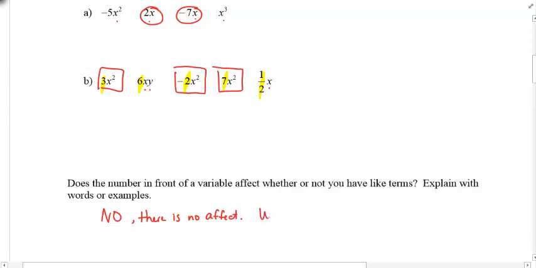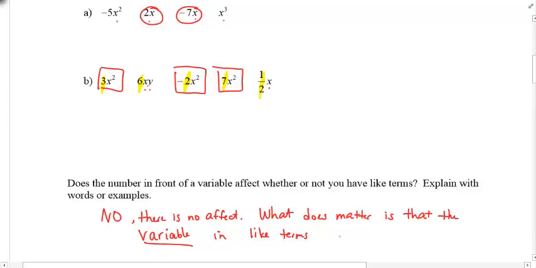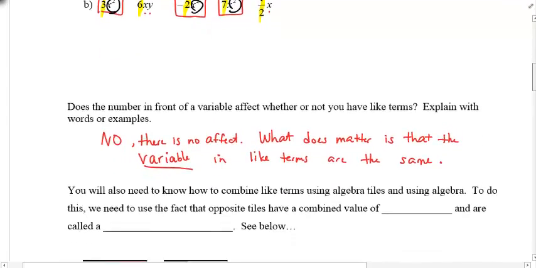What does matter is that the variable in like terms are the same. So it's not what's in front, it's what comes afterwards, the variable part. So the x squared, the x squared part, that's what matters when we're talking about like terms.